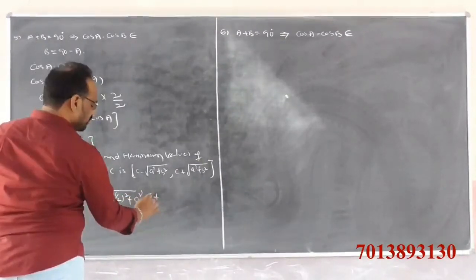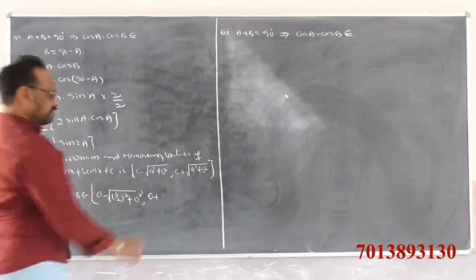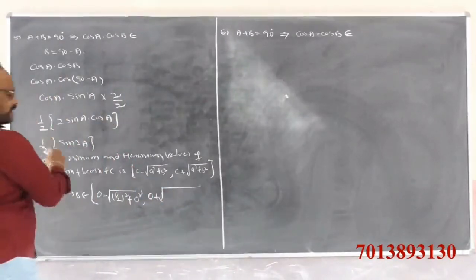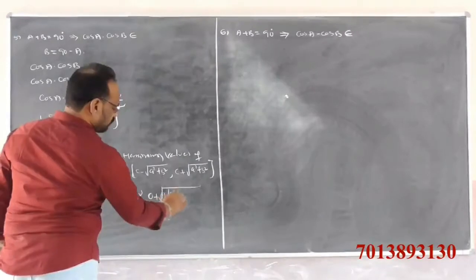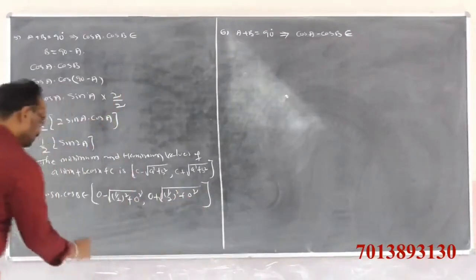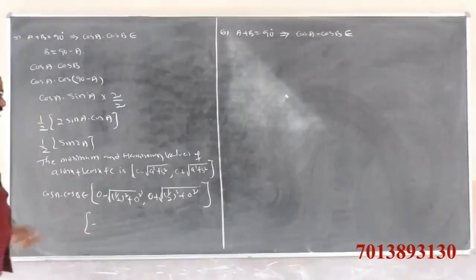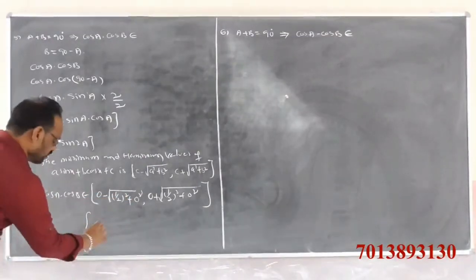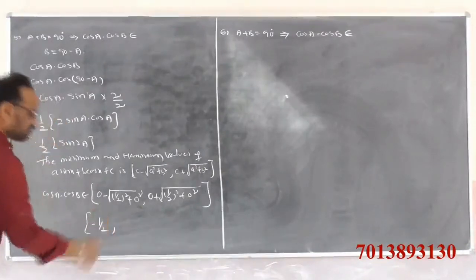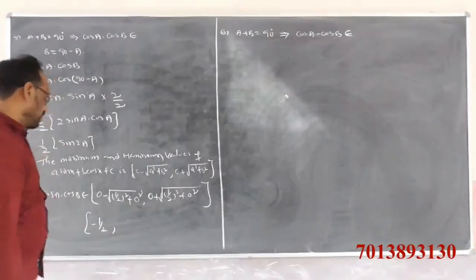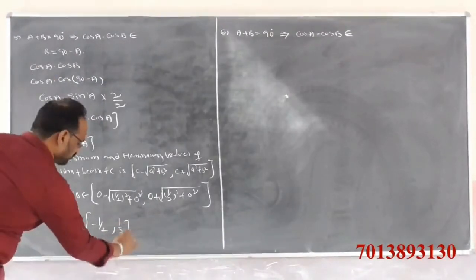For the maximum value, C plus square root of A square plus B square, the C value is 0, plus square root of 1 by 2 whole square plus 0 square. The square and root get cancelled. We get minus 1 by 2 for the minimum, and plus 1 by 2 for the maximum.